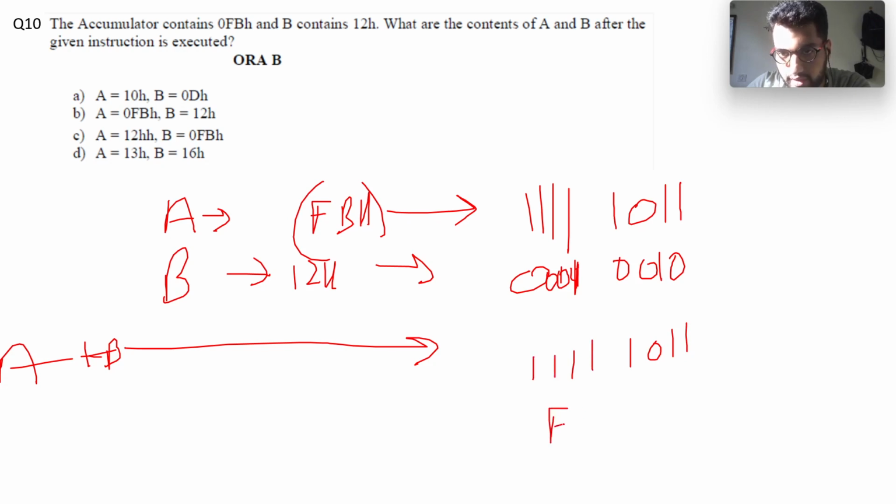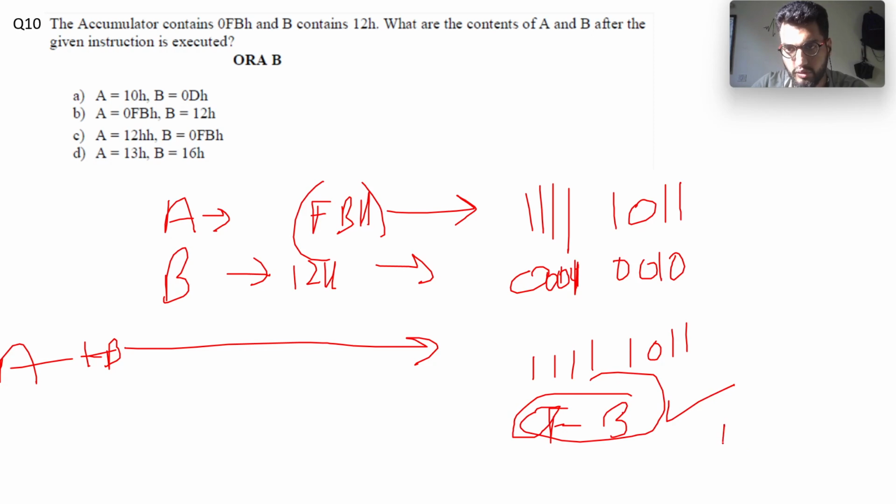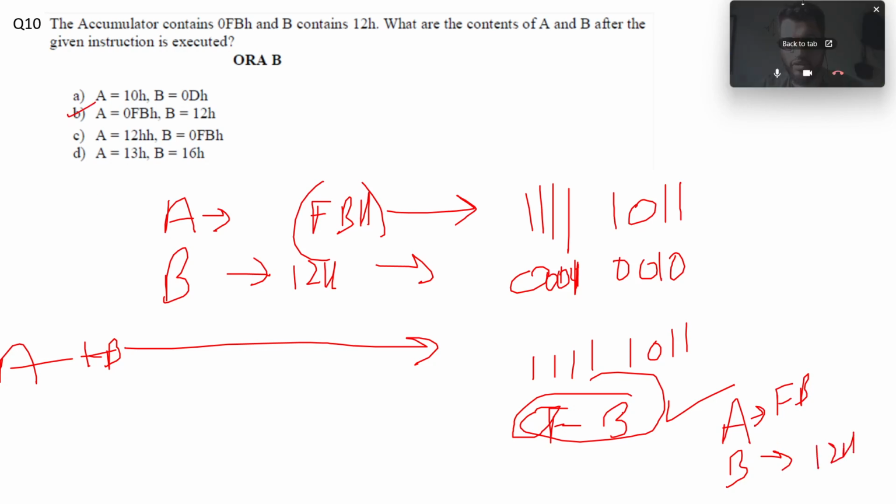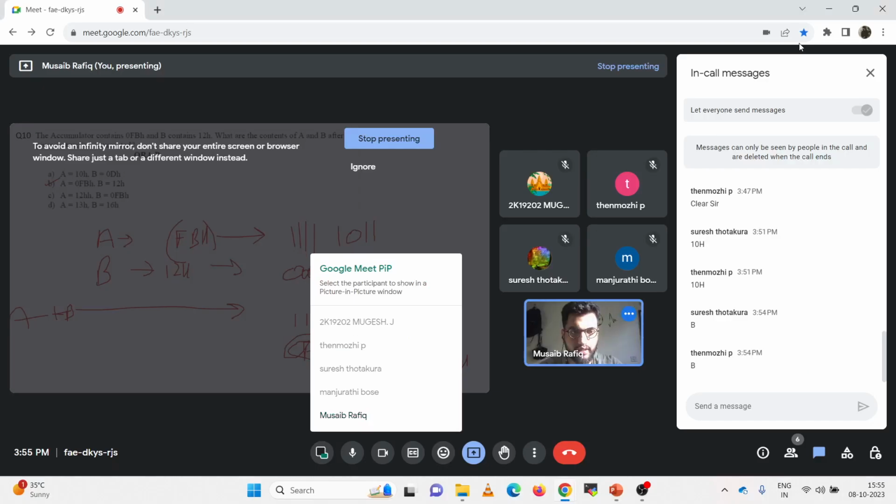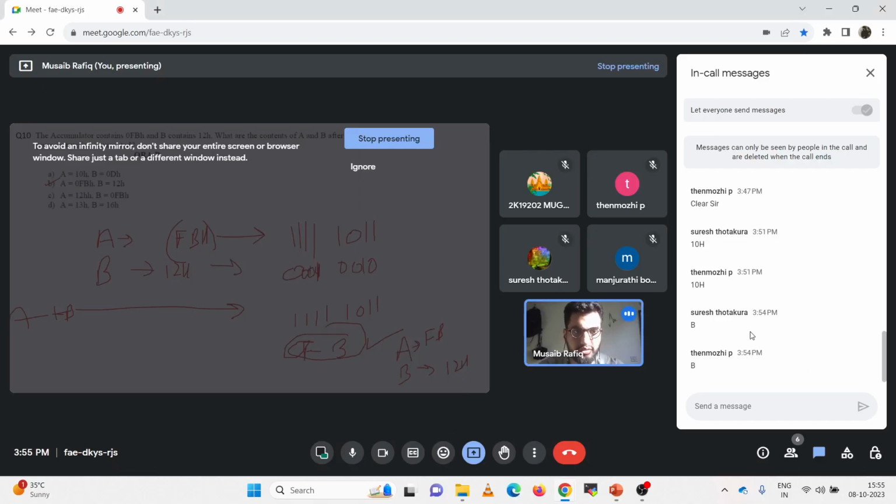So this is F, and 8 plus 2 plus 1 is 11, which is B. So A after the operation is FB, and B stays the same, 12 hex. So option B is correct: A equals 0FB hex and B equals 12 hex. Some of the students have already done it. Nice.